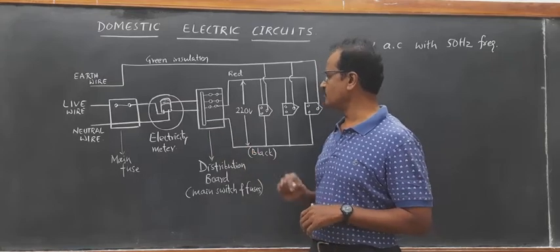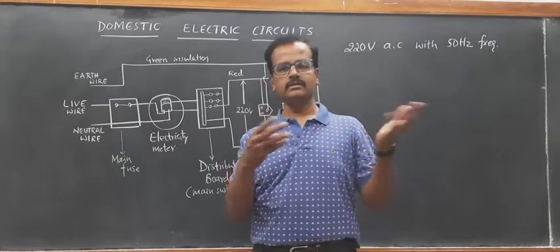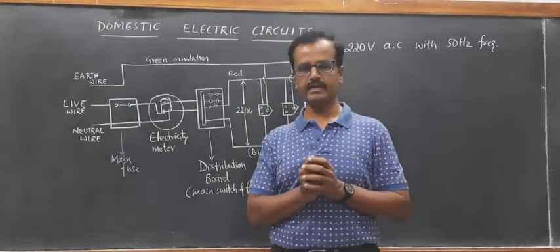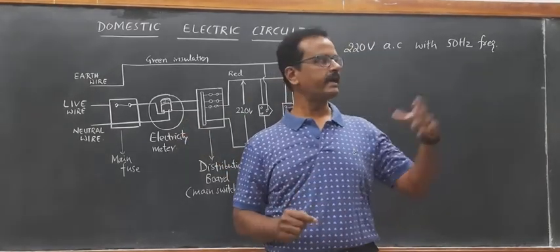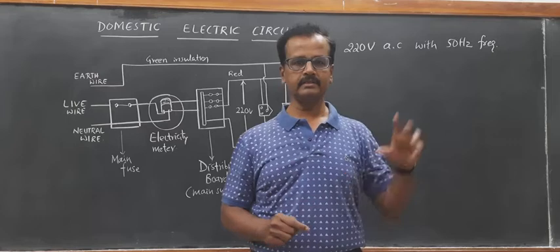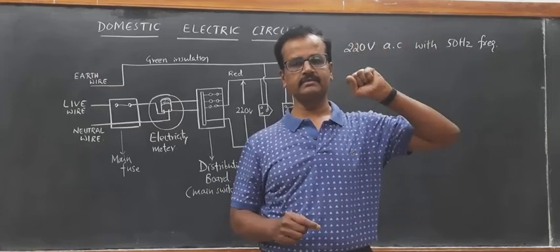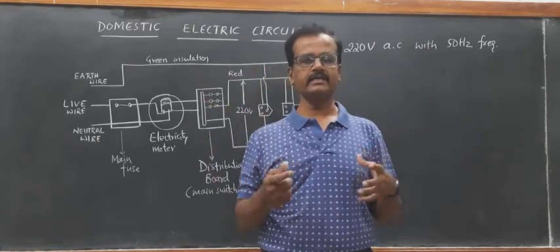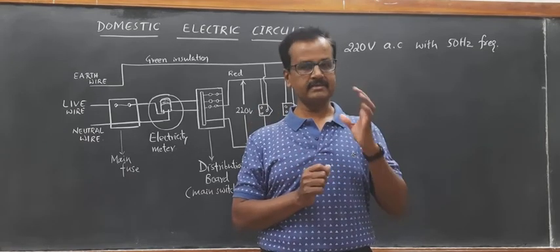From this distribution board, it is connected to the different electric circuit boards in our home, such as the tube light circuit, fan circuit and bulb circuit. These are all for our ordinary needs, such as lighting and the needs of the electric fans.